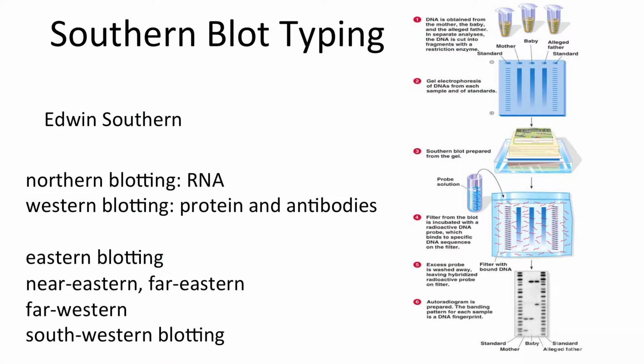Wherever the probe finds complementary sequence, it will stick. If it's labeled in some way, traditionally radioactively, or you could label it with a color change or fluorescence, then you just look at what actually shows up on your blot.